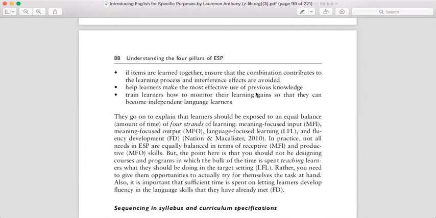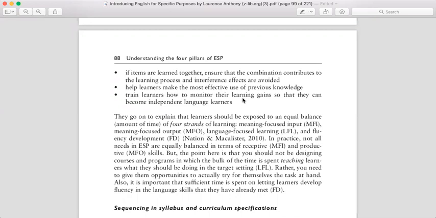If you're giving them opportunities to practice the same structures in a variety of contexts, you are actually making use of their previous knowledge. You are helping the learners to use their previous knowledge effectively. You are reinforcing your teaching, and their learning is being reinforced in this way, right?